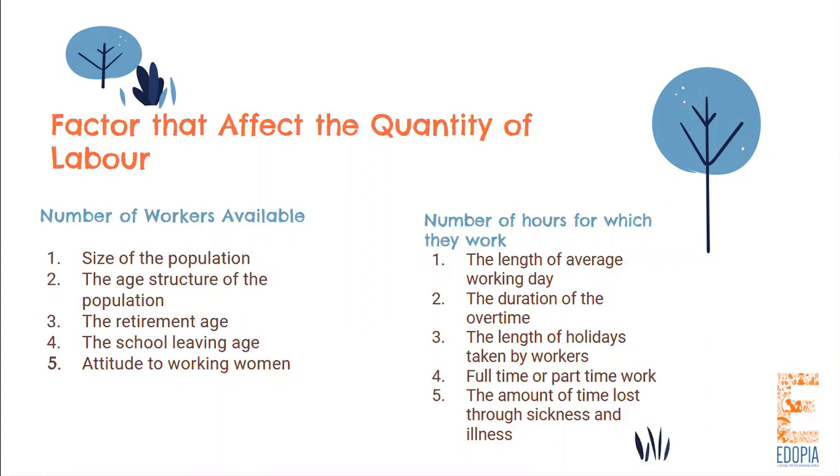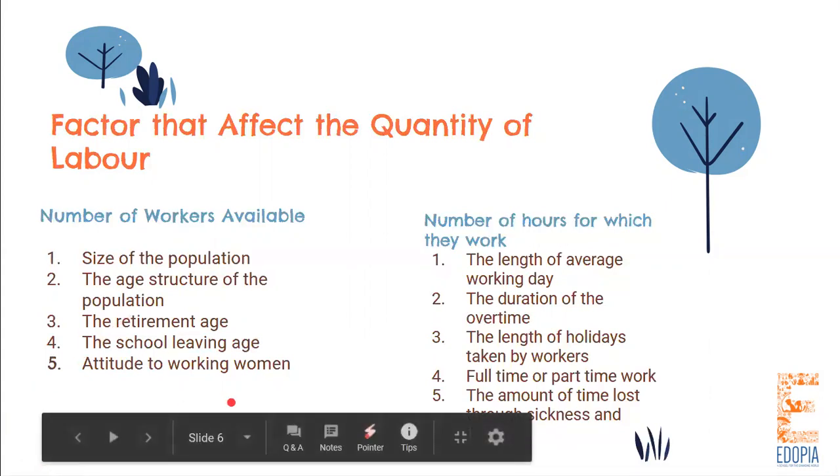Then in the developing countries, we see that there is an early school leaving age. Therefore, at a very young age, people are willing to work, even if they do not lie in the age of working, but still they are willing to work. And then the attitude to working women.